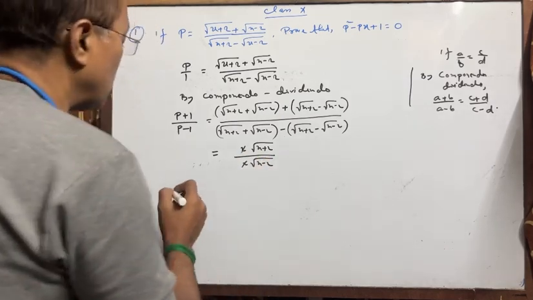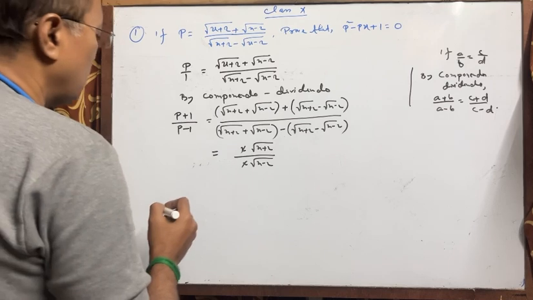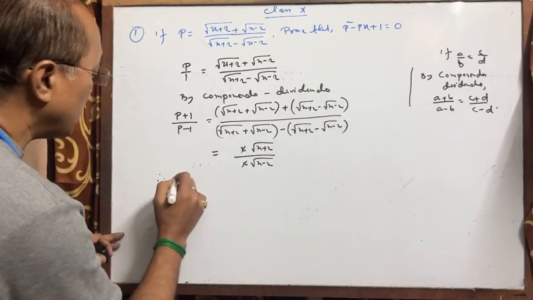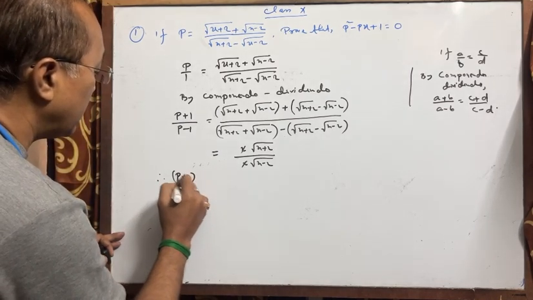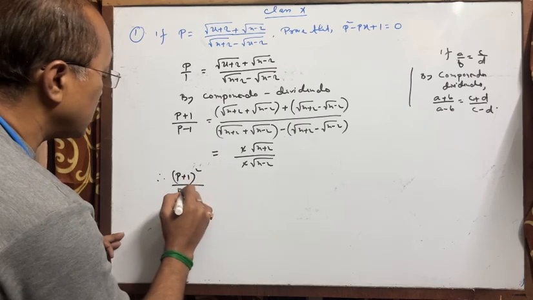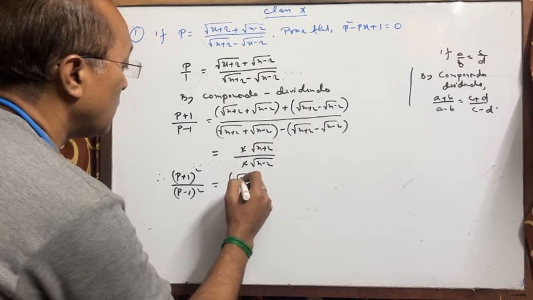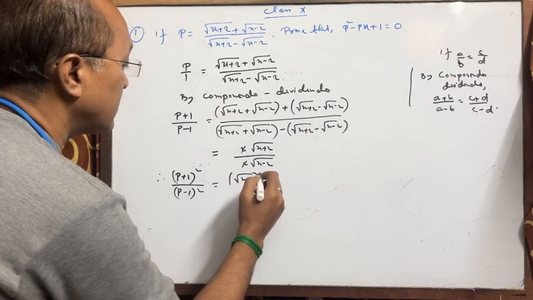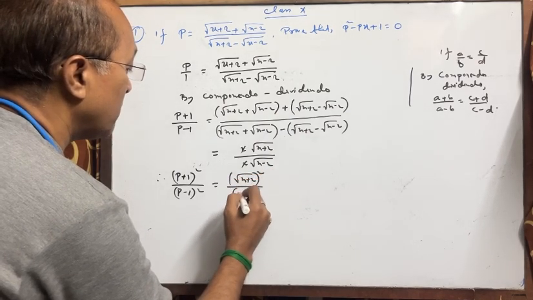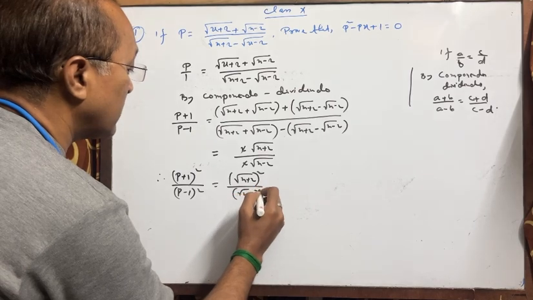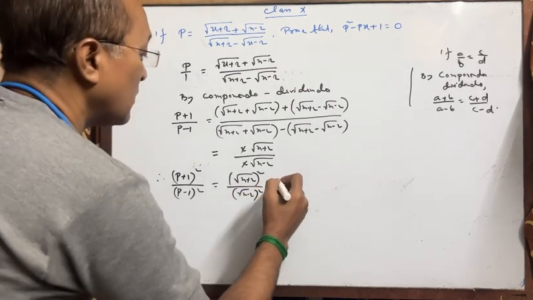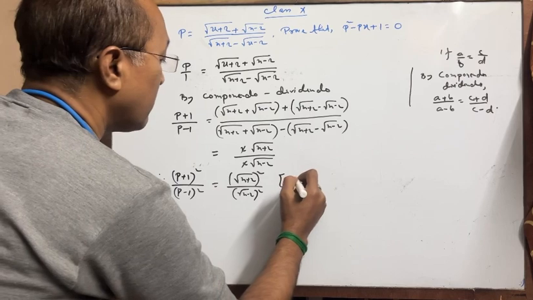Now by squaring both the sides, we can write p plus 1 whole square by p minus 1 whole square is equal to root over x plus 2 whole square by root over x minus 2 whole square.